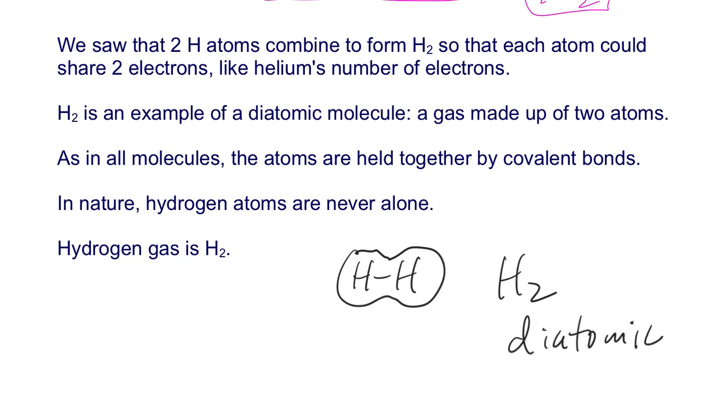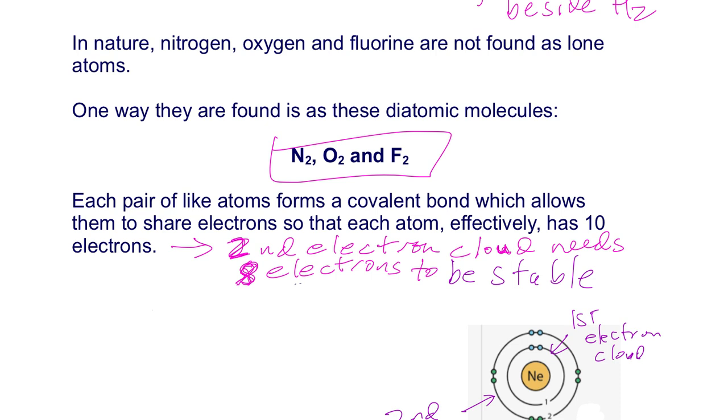Now, diatomic molecules have to have the same atom type, and only 2 of them. That's what that term means. There's always a subscript 2 next to one element to make that molecule. Now, these are other diatomic gases: nitrogen gas, oxygen gas, and fluorine gas.